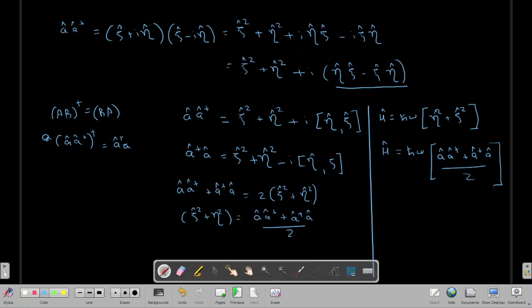Okay, so this is the value of the Hamiltonian. I will call this result number 5.